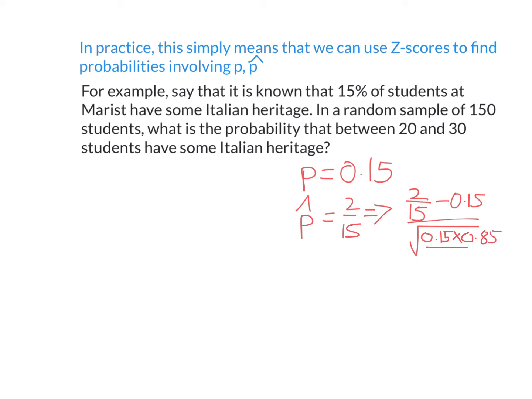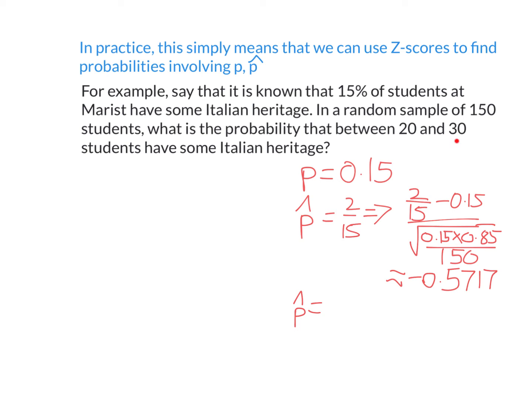So n is the number in the sample, in this case 150. Putting that in our calculator, we get about minus 0.5717. So that means that if I got 20 people in the sample that had Italian heritage, this would correspond to a z-score of 0.57 standard deviations below the mean.